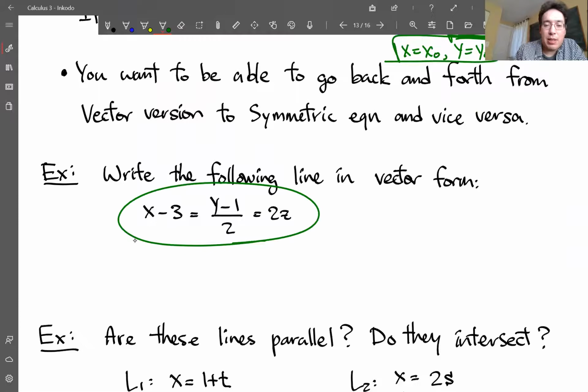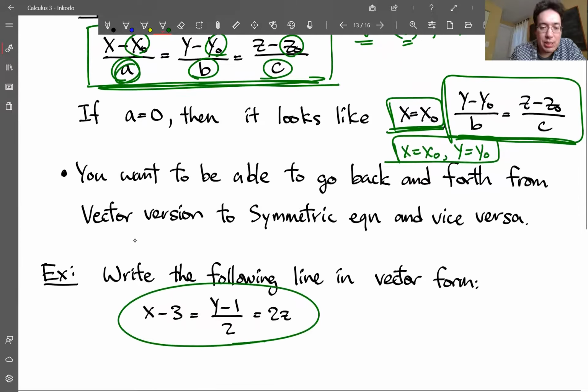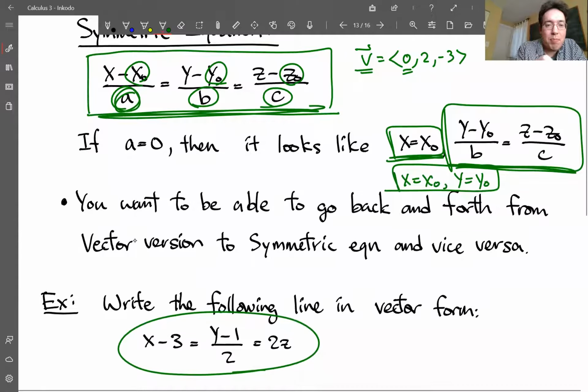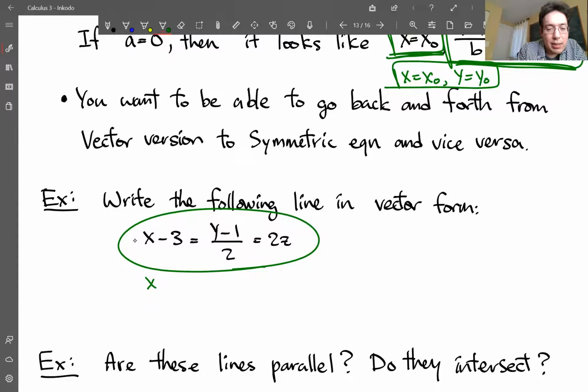Let's say I'm given a symmetric form equation like this, and I want to turn it into vector form. So what I have to do is look at this equation and make it into the form up there. So I can rewrite this. If there's no denominator, you can just put a 1 on the bottom.